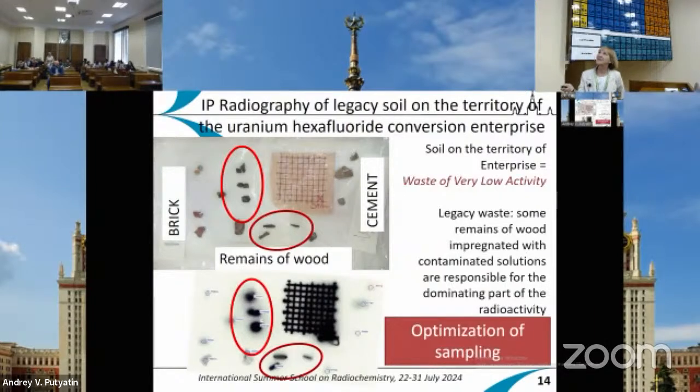You can see different kinds of technogenic soils, and we can see which fragments of soil have much more radioactivity, measure it, and take it for further analysis, so we can optimize the sampling of our radioactivity-contaminated samples.